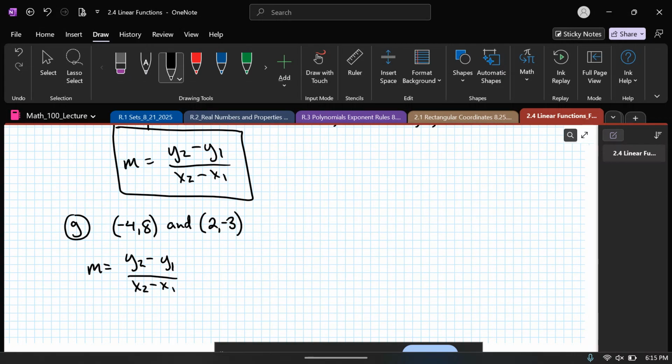Like I said, if you write the slope formula as many times as I do, you'll have it memorized. You'll have it in the bank. So, -3 minus 8. That's our y values on the top. The x value that goes with -3 is 2, and then minus -4 on the bottom.